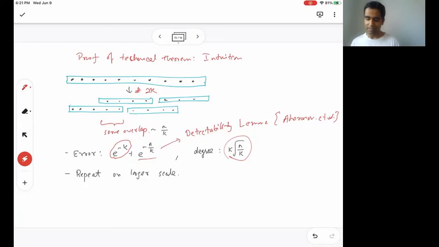This is the reason why we get the tiny correction to the area law that you showed, the boundary to 1 plus order 1 over root log of the boundary. This happens because of this recursion that one has to do. So that's the rough intuition for this.